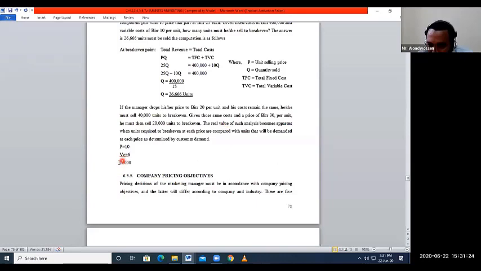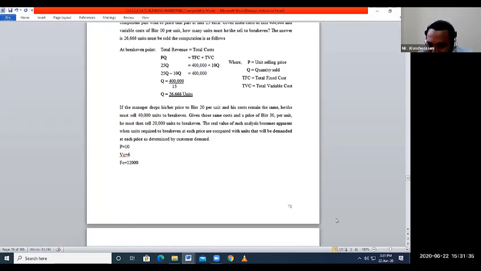This could be a fixed cost. So the company, how much should the company produce at break even? So break even quantity is represented with, I think you are familiar with what's break even quantity, which is EQ, break even quantity.